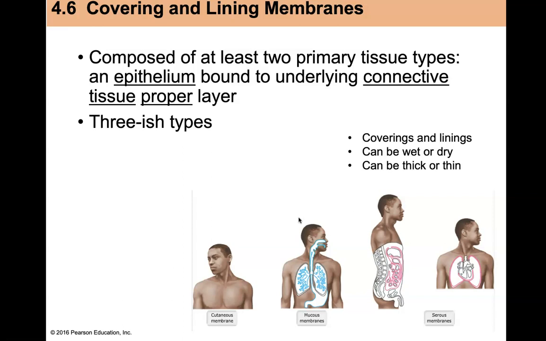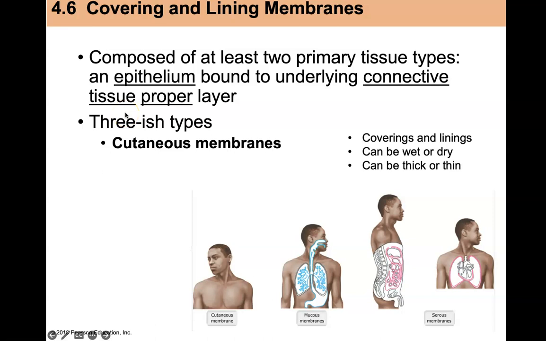But the majority of them are going to consist of epithelium bound to some underlying connective tissue proper, okay? So for the sakes of this class, okay, membranes are going to be, again, two major tissue types, epithelium tissue bound to connective tissue proper, okay?